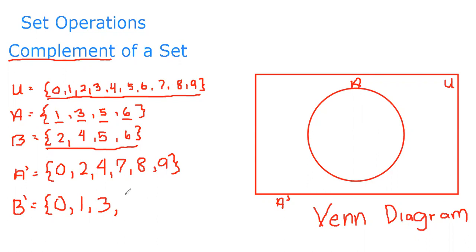So 7, 8, and also 9. Okay? So we have 0, 1, 3, 7, 8, 9. So lahat of these elements are not in the set B. So that's what we call B complement.